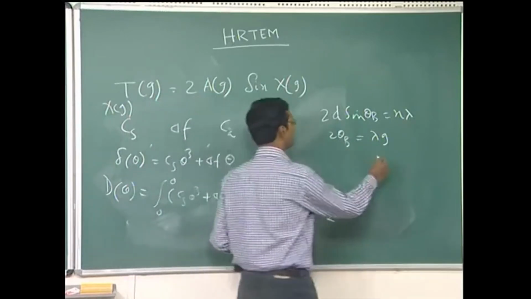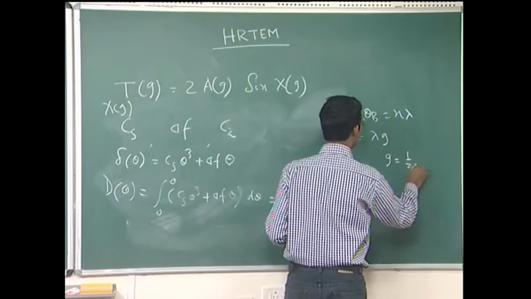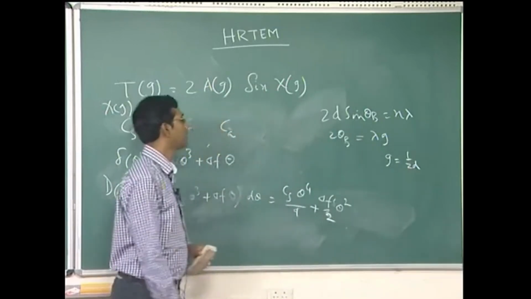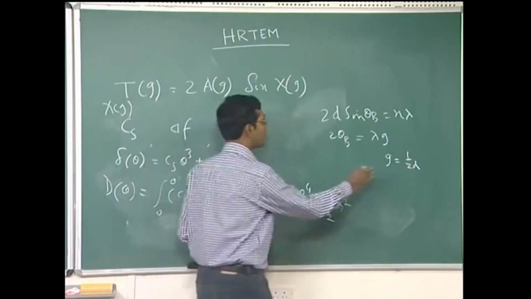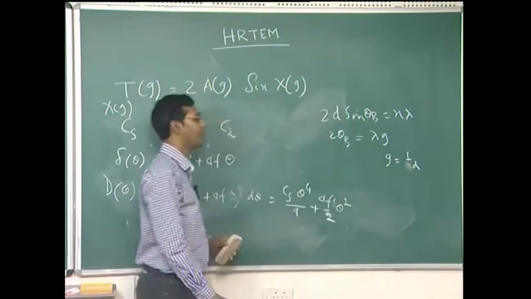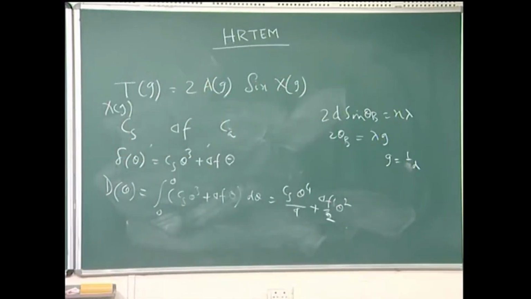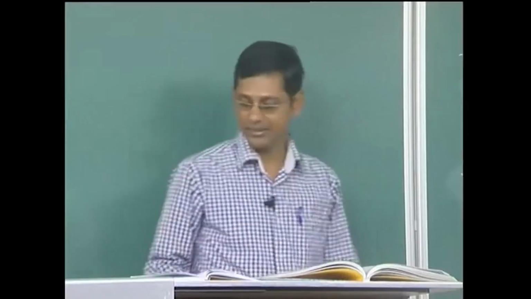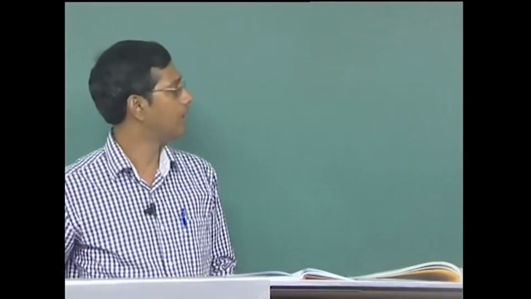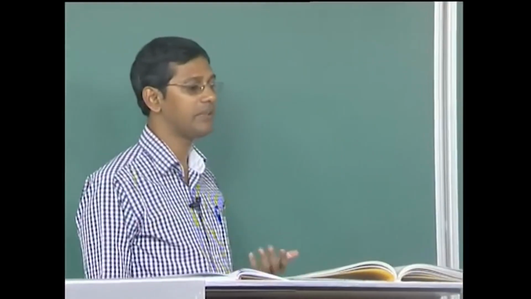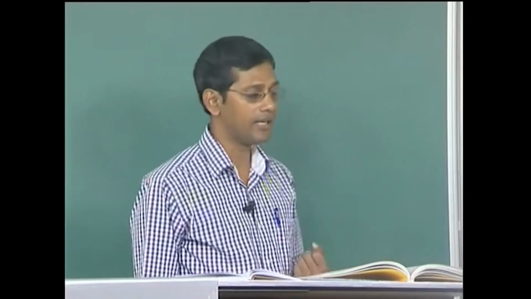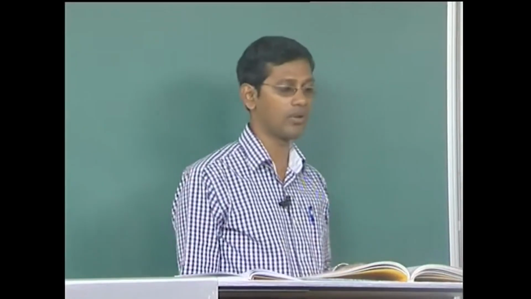You can see that g is 1 by 2d, which is in reciprocal space. G is 1 by d actually, which is the reciprocal lattice vector. So, 2 theta B is a very specific value, because this is the diffraction scattering angle for the diffraction to happen.